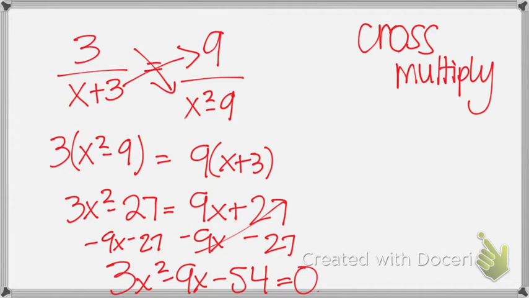You get that big thing at the bottom. What big thing? 3x squared minus 9x minus 54. So we did it this way this morning.